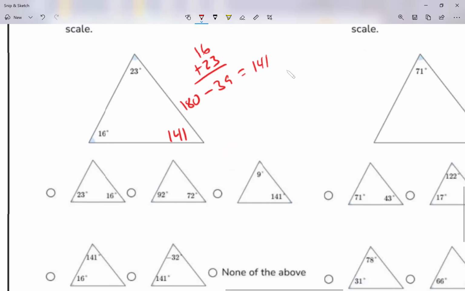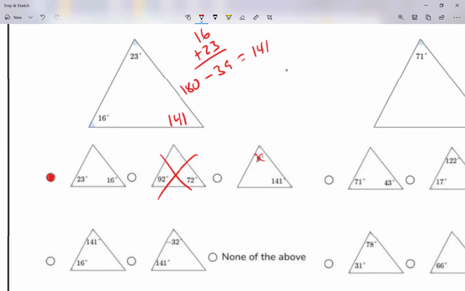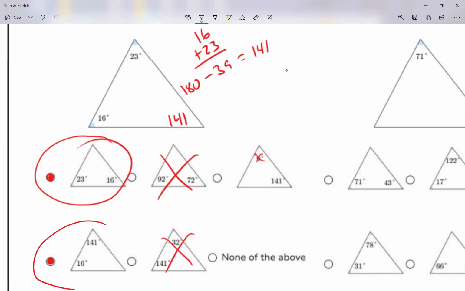The first one does match, I do have 23 and 16. Nope, this one doesn't match. I have 141, but not 9, so because of that 9, it doesn't match. I do have 141 and 16, those are 2 of my angles. Now this other one, I do have 141, but I don't have a negative 32. So just these 2 angles.